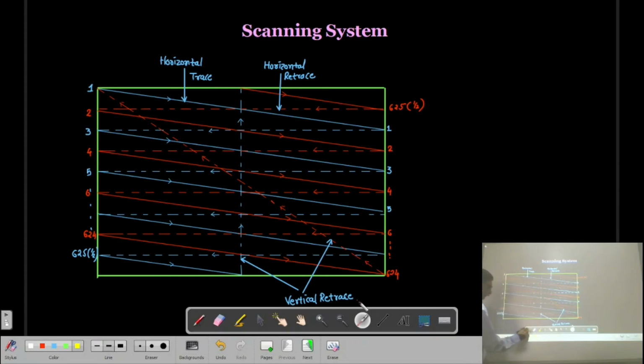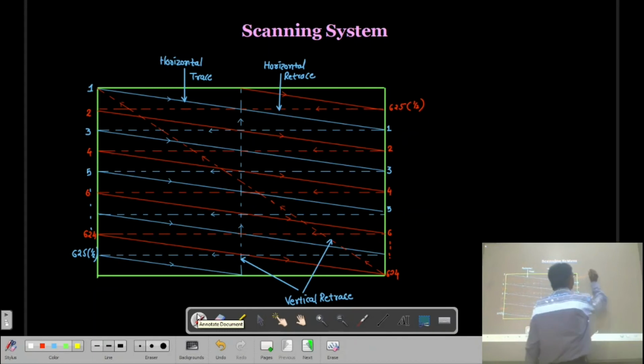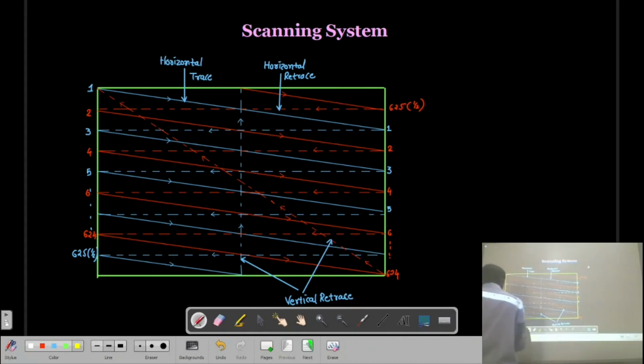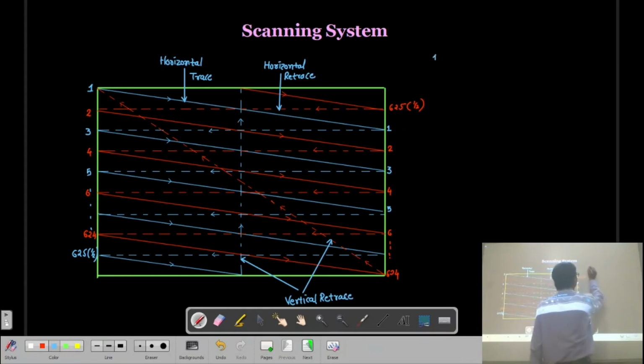Okay. Now, let us try to understand that one frame is divided in two parts. One is known as the odd field and the other is the even field.